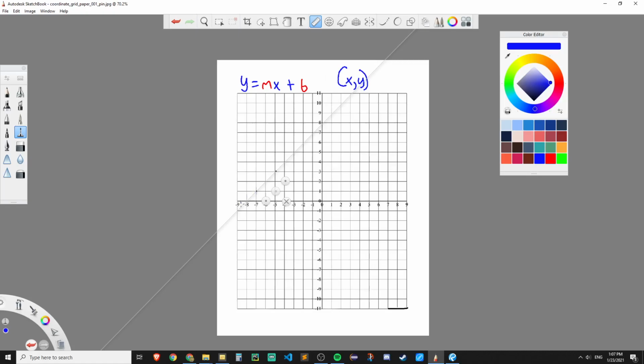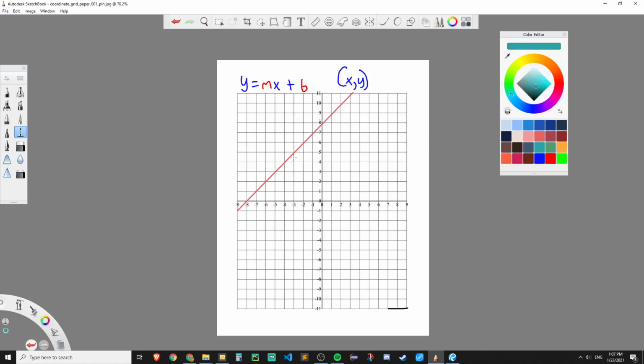Okay, so we'll just take the line from here, just draw up like that. Up or down or like that. Okay, so this is our line. Now let's pick any 2 points on this line of ours.